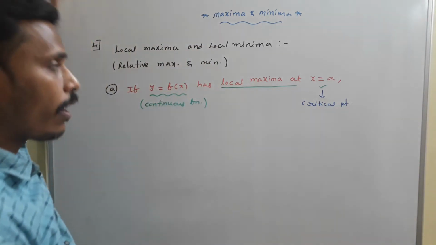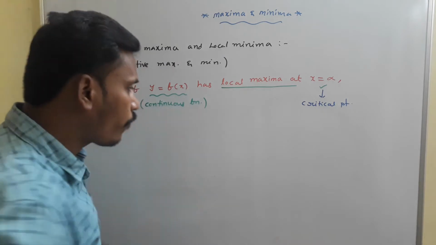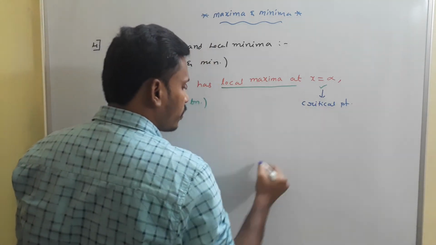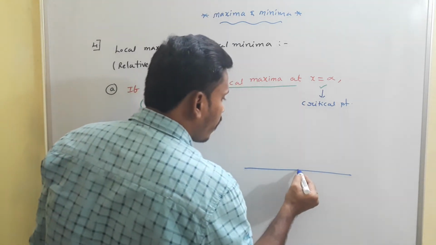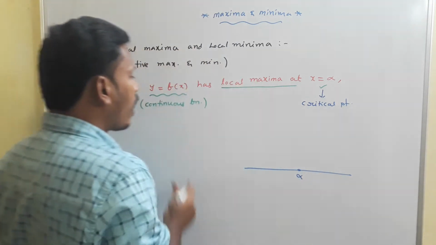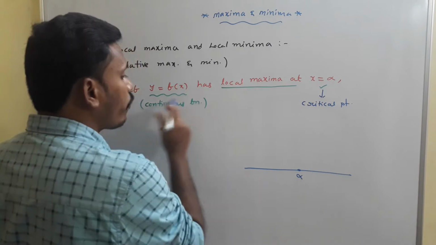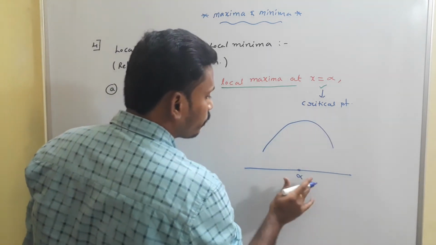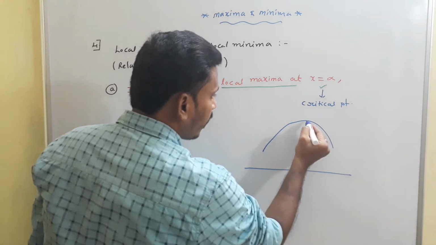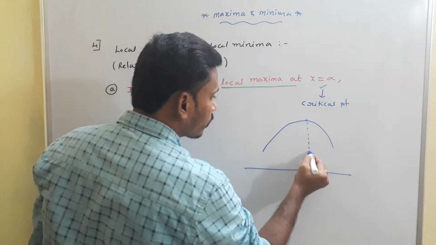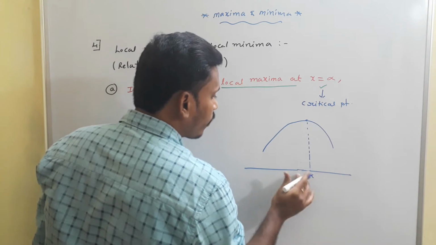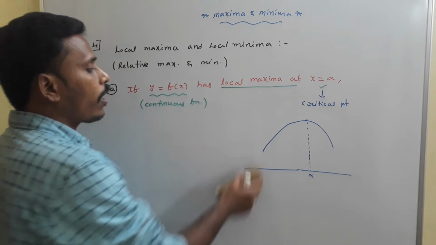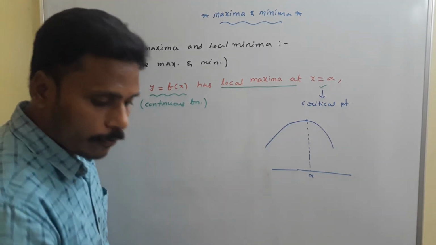If it is the x-axis, somewhere on the x-axis you have alpha, and if you try to sketch the graph of this y is equal to f of x, then the graph will be like this. At this upper peak, the value of x is alpha. This is the rough sketch of the graph if it has local maxima at x is equal to alpha, right?